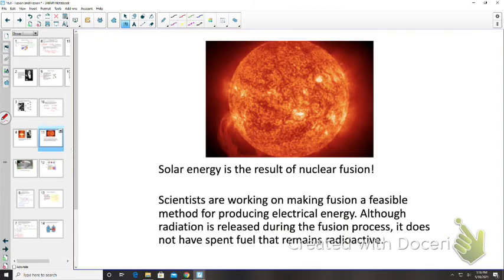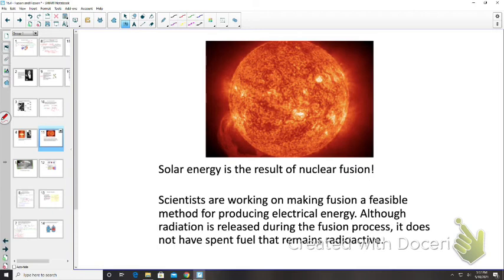Okay, so our sun is a G star, remember? And solar energy is the result of nuclear fusion. And scientists are currently working on making fusion a feasible method for producing energy on Earth. Although radiation is released during the fusion process, it does not have spent fuel that remains radioactive.